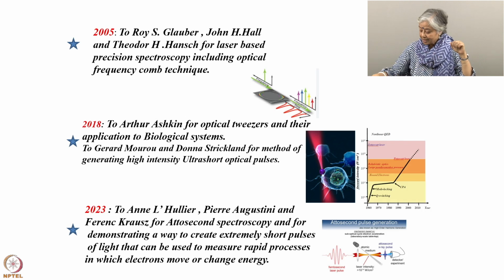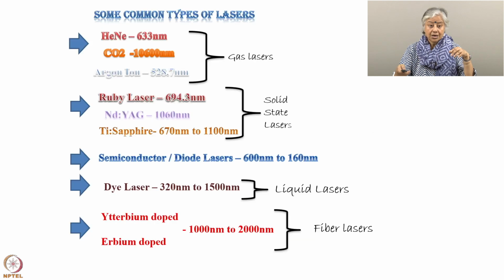Now, that gives you an overview of the laser Nobel Prizes that have been won over the years. They are physics Nobel Prizes given for the topic of lasers. Now, somewhere around 1960 to 1964, quite a few lasers came about during that period.